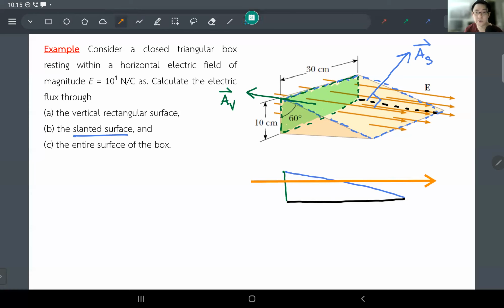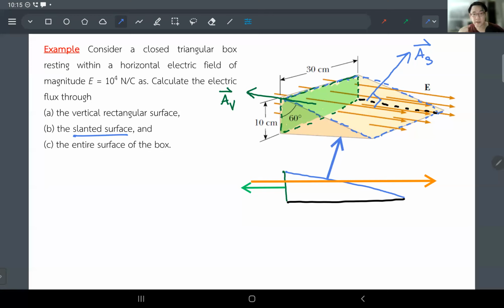I'm trying to make it coincide with the upper figure over here. So the area vector for the vertical one is going to point perpendicular to it, backward here. The slanted surface vector will point perpendicular to it. It's going to go like this. Isn't that cool?